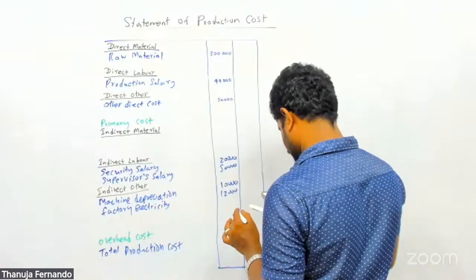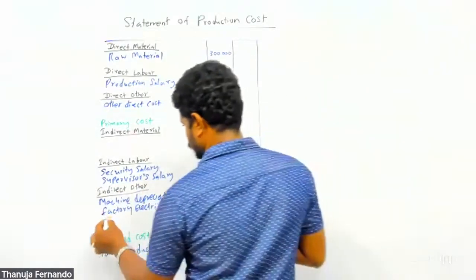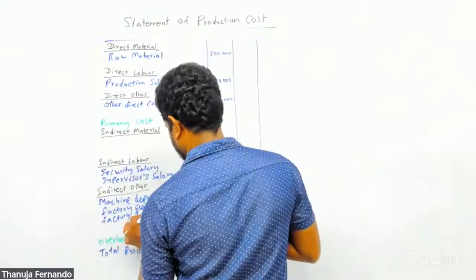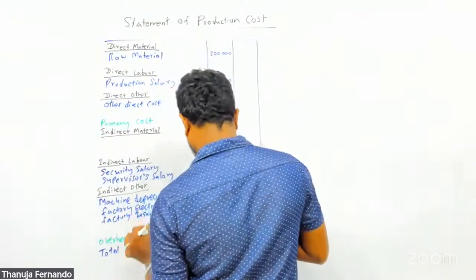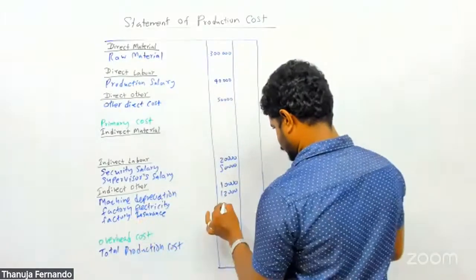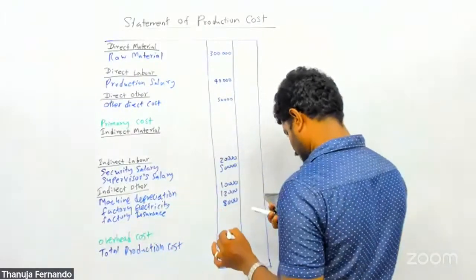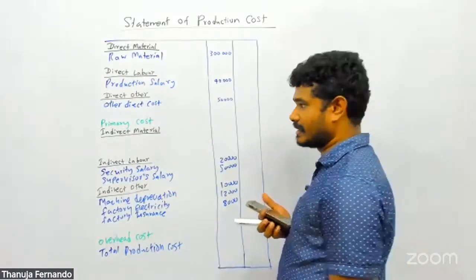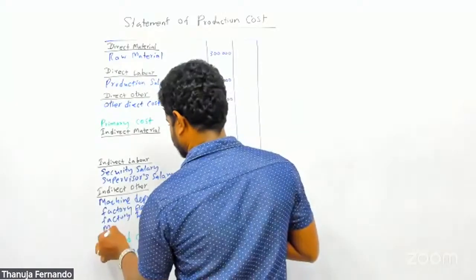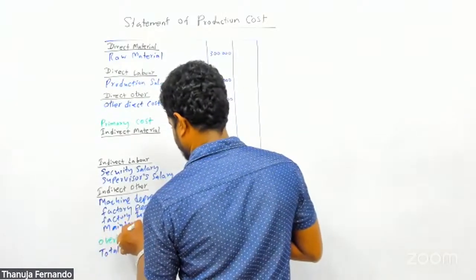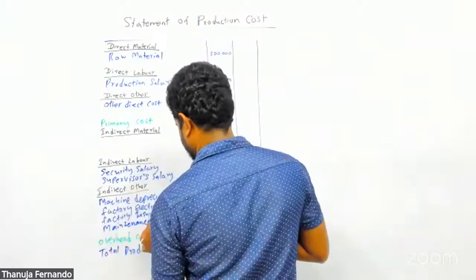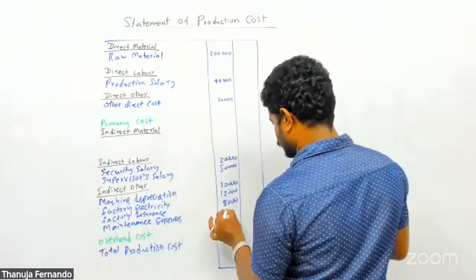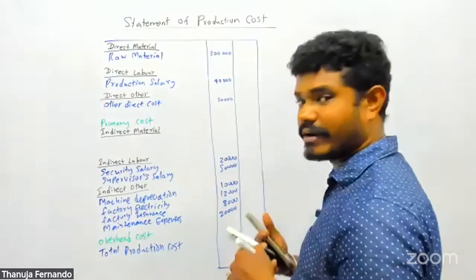Factory insurance 8,000. That one also indirect other. Then maintenance expenses of the plant. Maintenance also indirect other. Maintenance expenses 20,000. Right? This is how we record this.